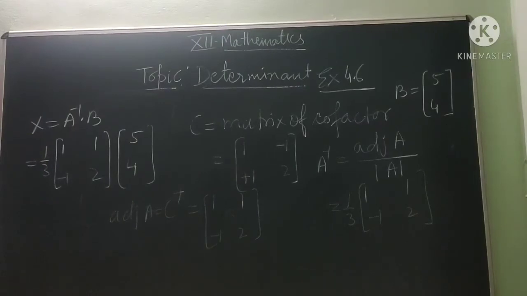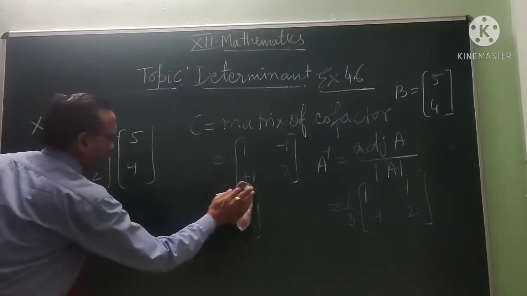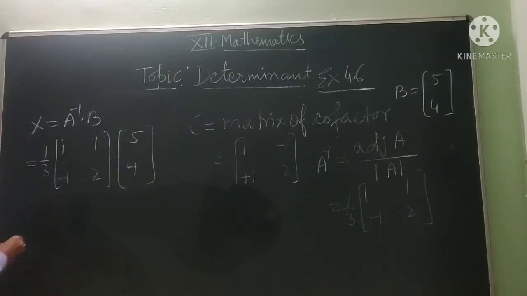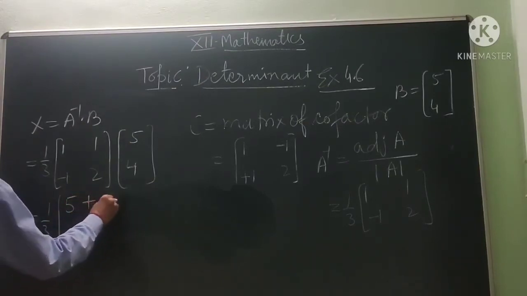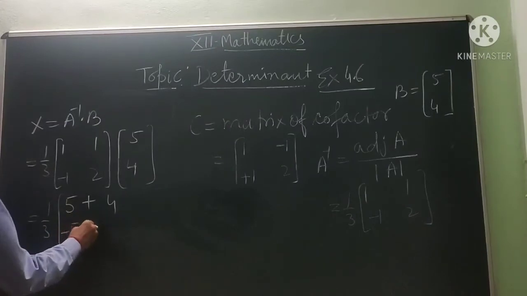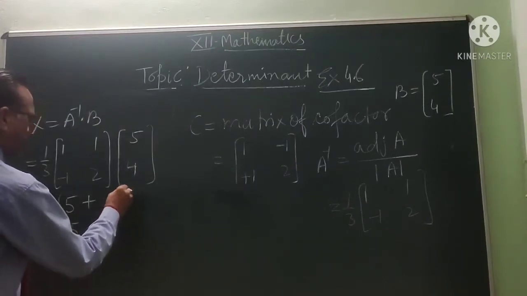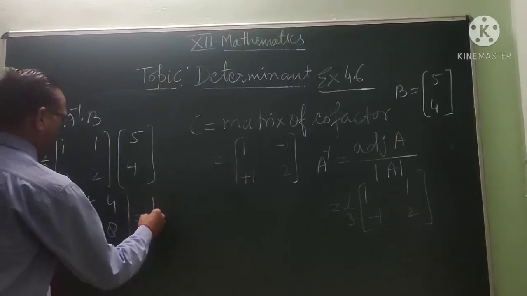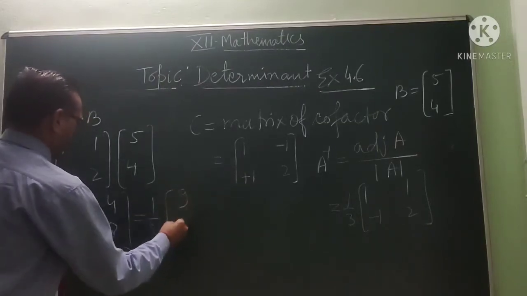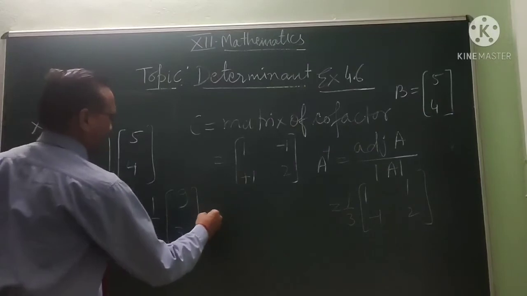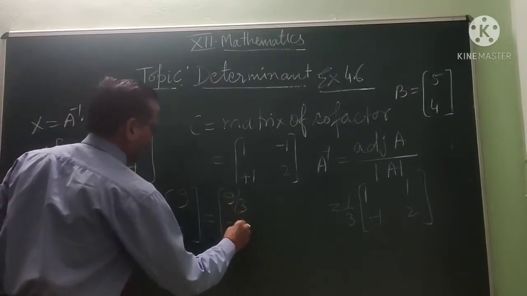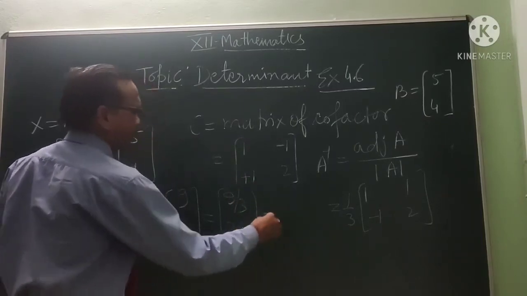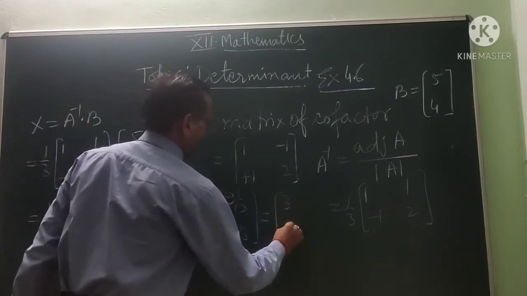Now we will multiply them. So it is 1 upon 3 times [5 plus 4; minus 5 plus 8], which is 1 upon 3 times [9; 3], or 9 upon 3 and 3 upon 3, which is [3; 1].